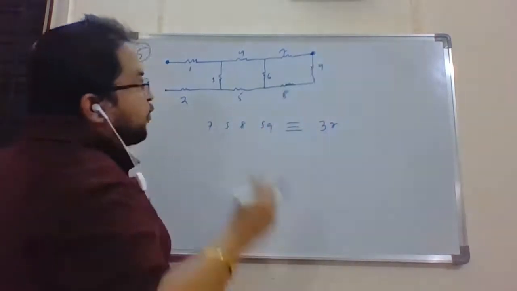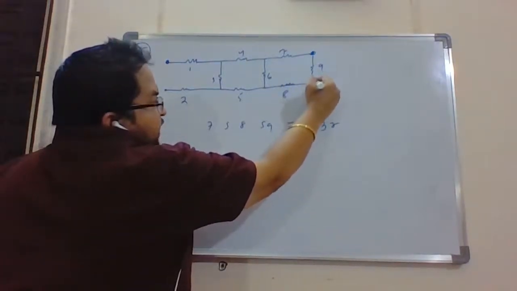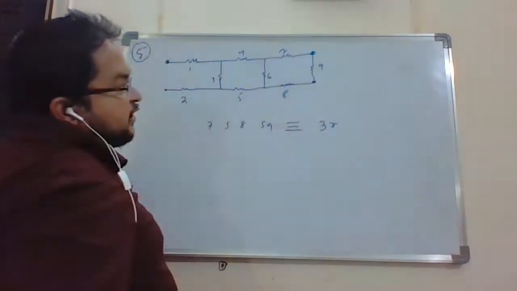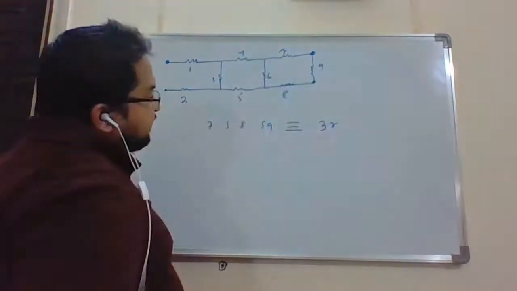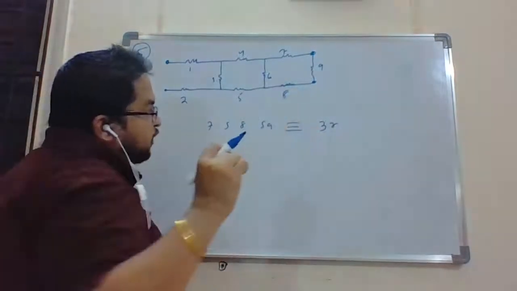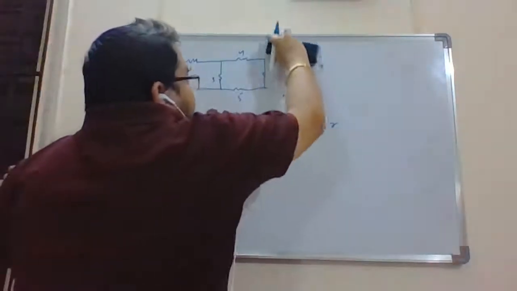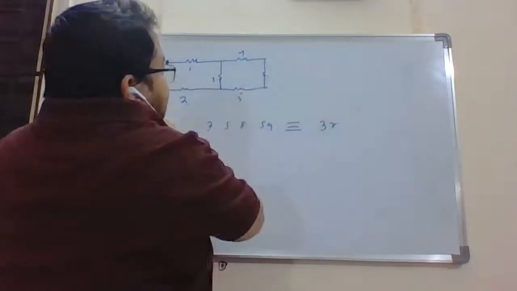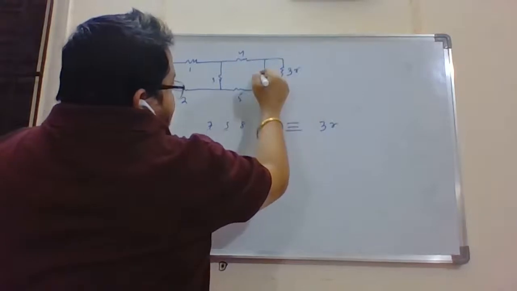Because at their junction point there is no disturbance. Similarly, 8 and 9 are in series, at their junction point there is no third disturbing element. Okay, so all these three are in series, and the equivalent resistance comes as 3R. If the equivalent resistance is 3R, I can remove all these three and just put a 3R here.